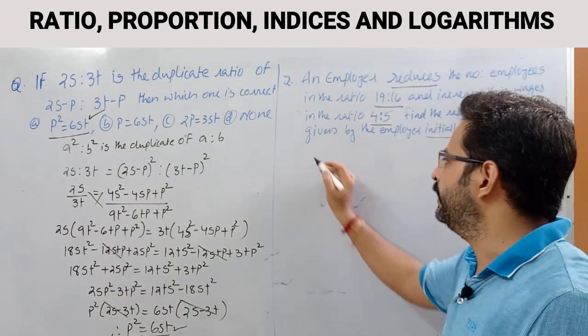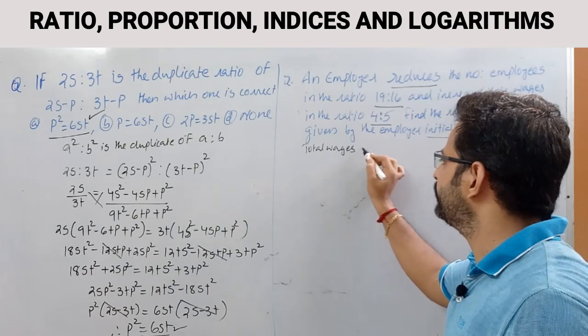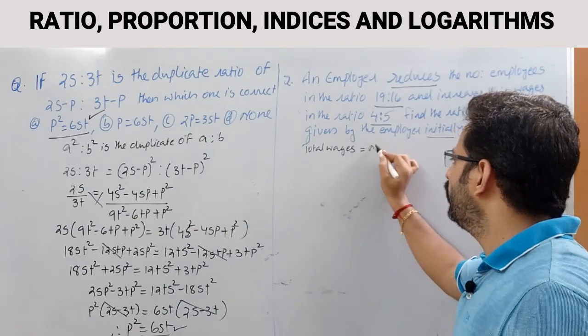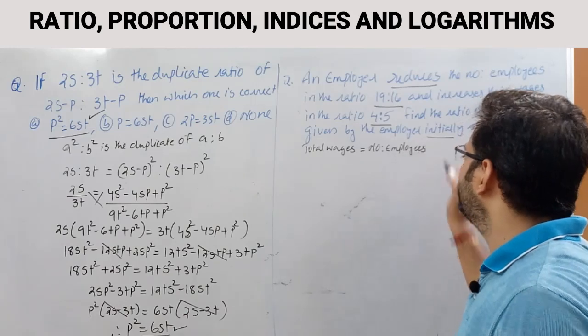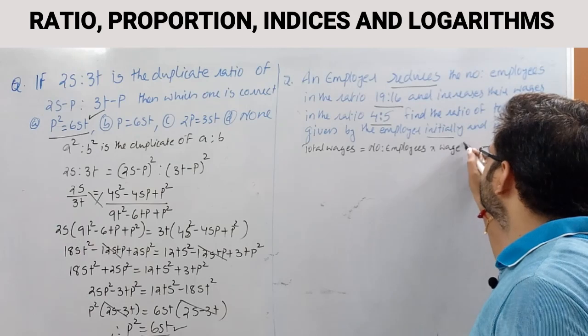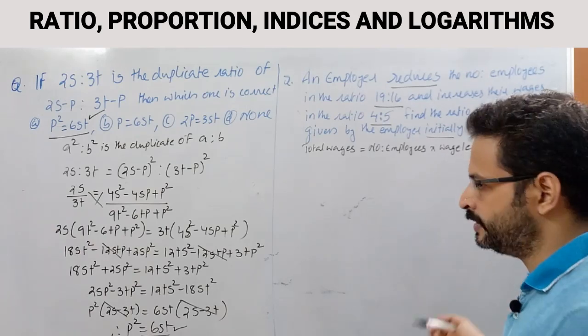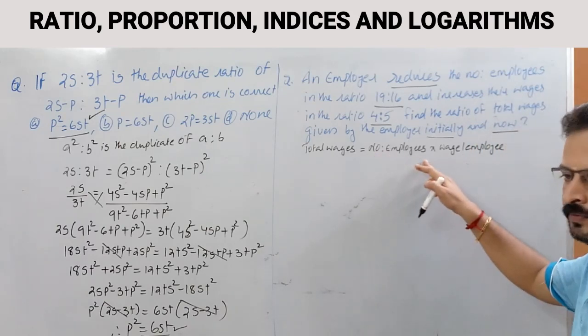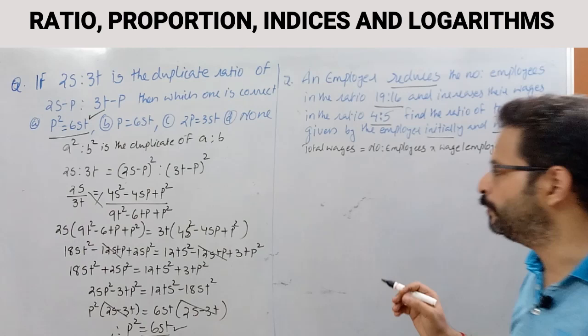We can consider the formula. Total wages is equal to number of employees into wage per employee. Okay. Total wages will be total number of employees into wages given to each and every employee.